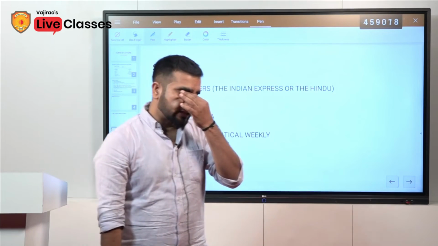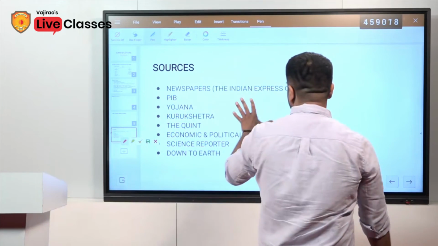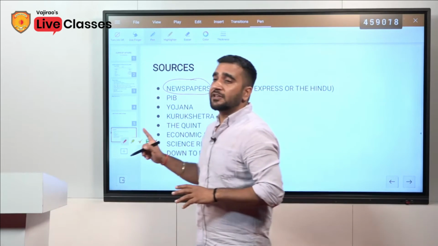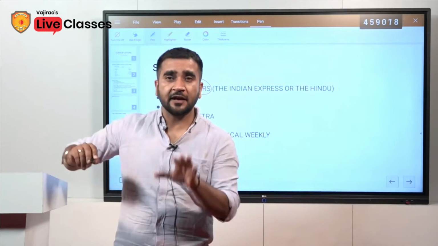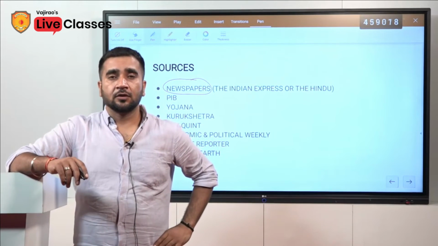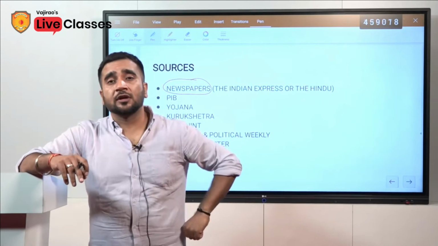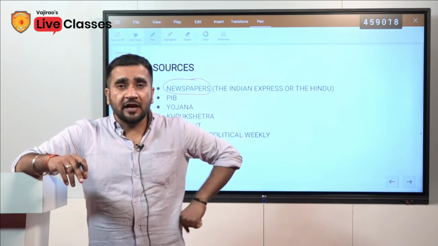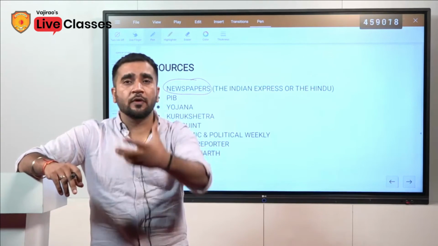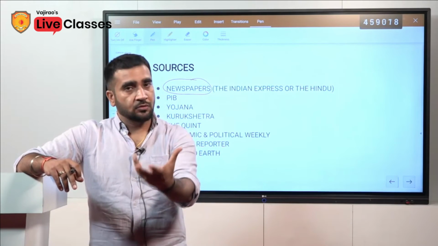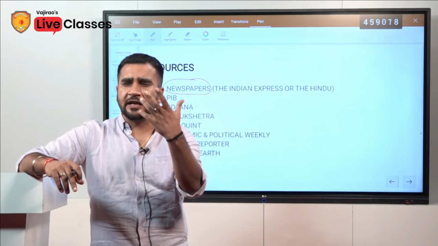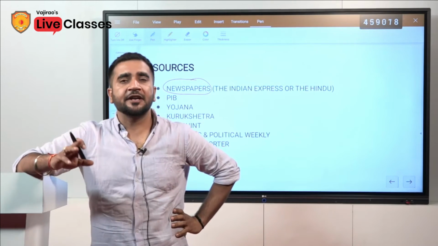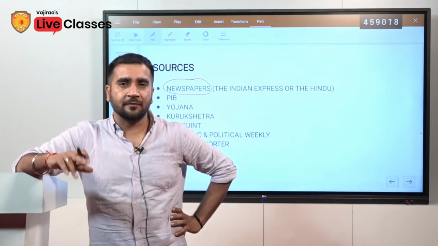But this is a very, very important part of your preparation, that is newspapers. And they have to be read every day. Make it a habit. You may be spending around 3 hours when you start reading newspapers. But eventually, as you get used to it, the time will reduce and come down to approximately 1 to 1.5 hours. 1.5 hours should be the apt time.